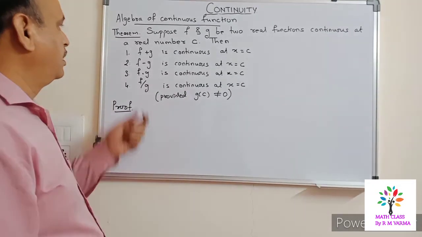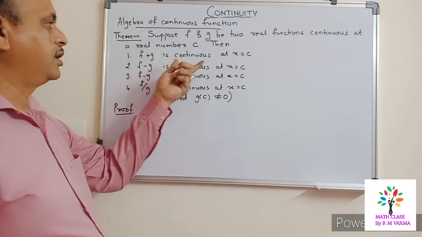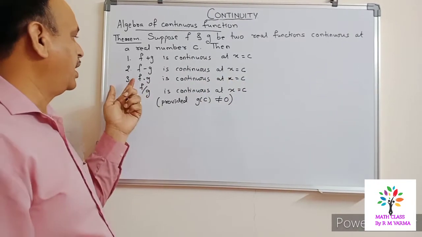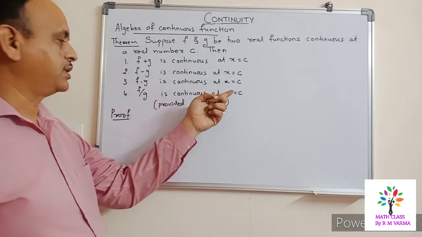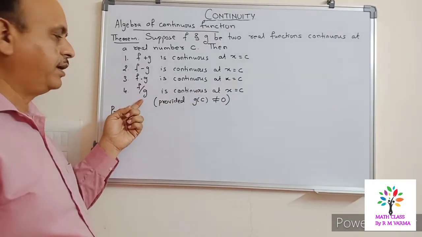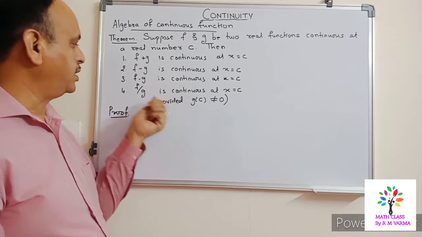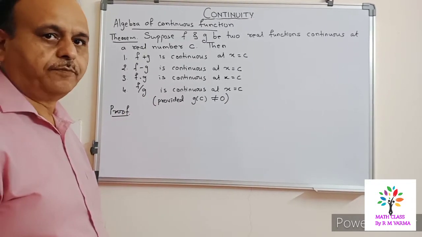Then f plus g is continuous at x equals c, f minus g is also continuous at x equals c, f multiplied by g is continuous at x equals c, f divided by g is continuous at x equals c, provided g of c, the denominator, is not equal to 0.